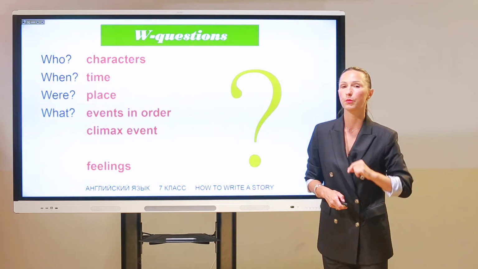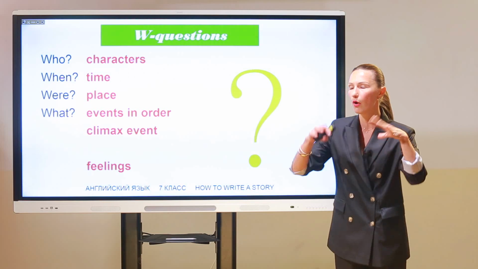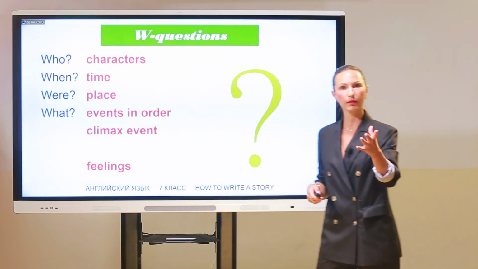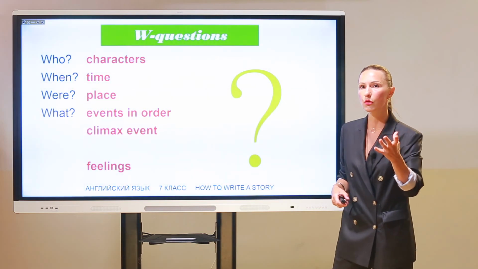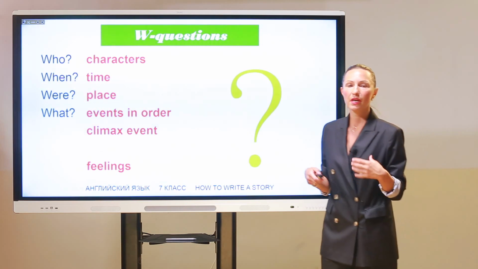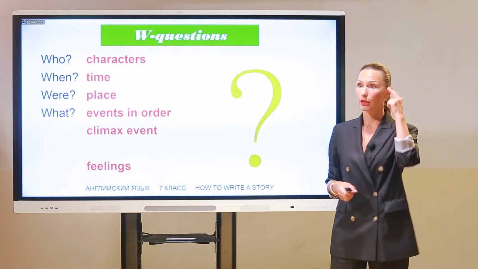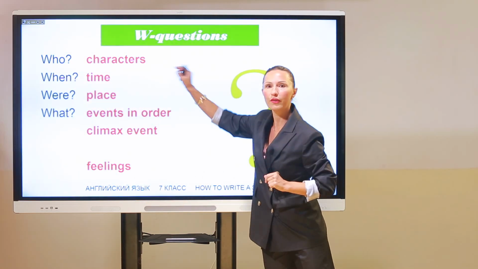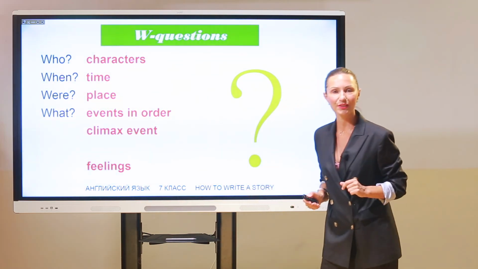And the most important thing of all stories is the climax event, which makes your story interesting, maybe funny, maybe scary, okay? And don't forget to think about the feelings of your characters.